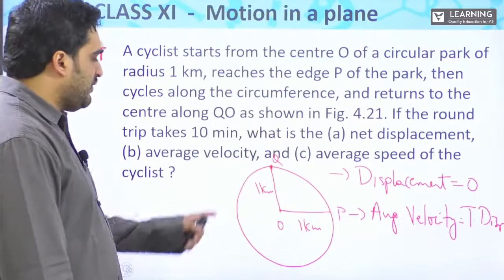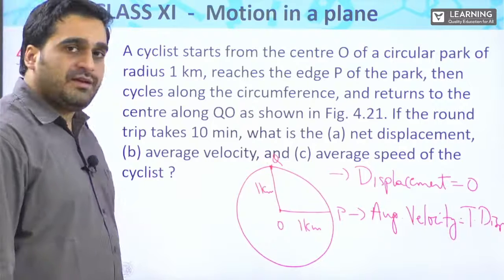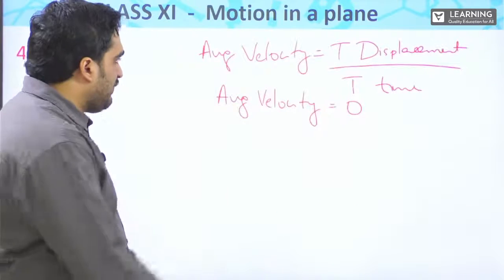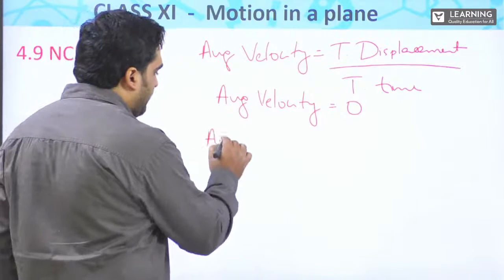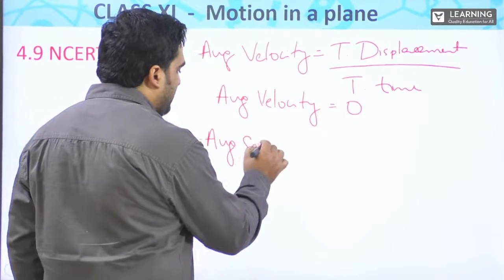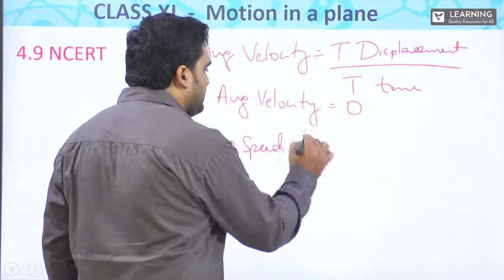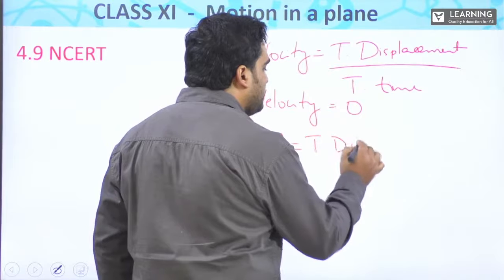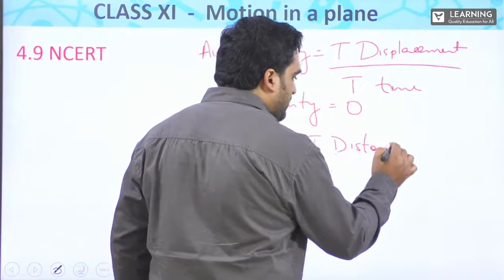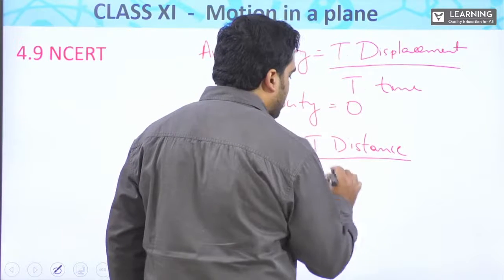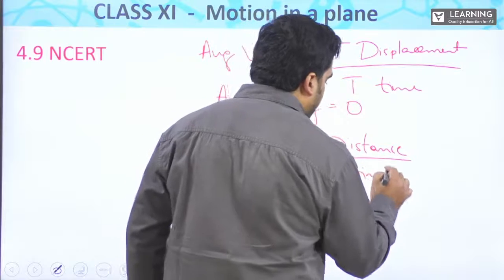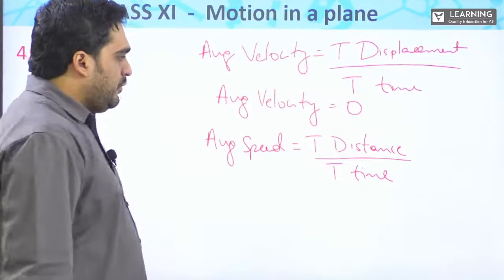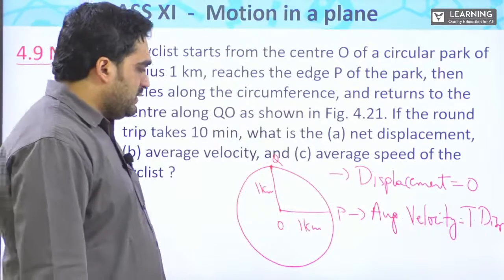Next, find the average speed. The definition of average speed is equal to total distance, not displacement, but total distance by total time. What is the total distance?